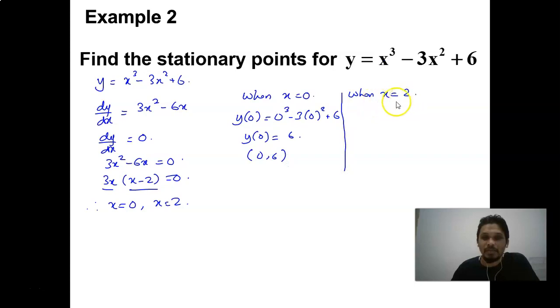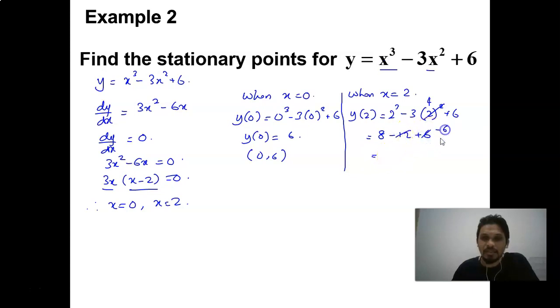And then when x equals 2, y(2) equals 2 cubed minus 3 times 2 squared plus 6. 2 cubed equals 8, 2 squared equals 4, times negative 3 is negative 12, plus 6.